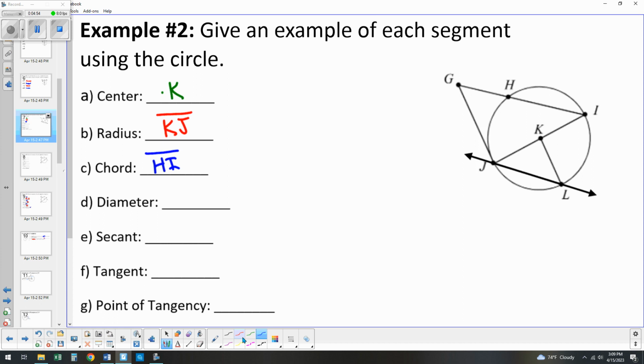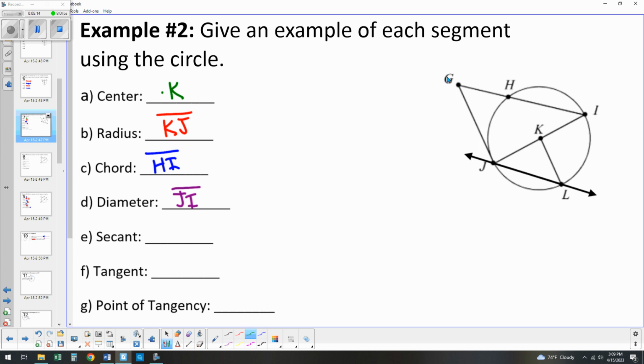So we just said the diameter, from one end to the other through the center, JI. A secant is a line that has parts on the edge, has parts outside the circle, but goes through the circle twice.